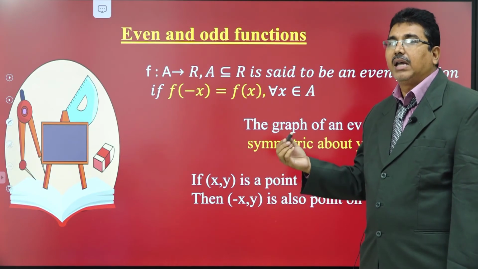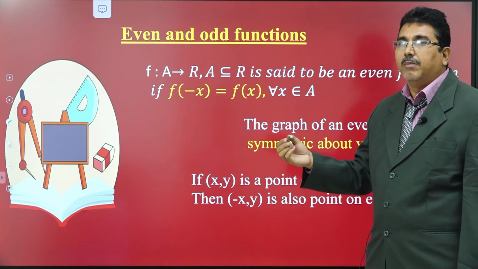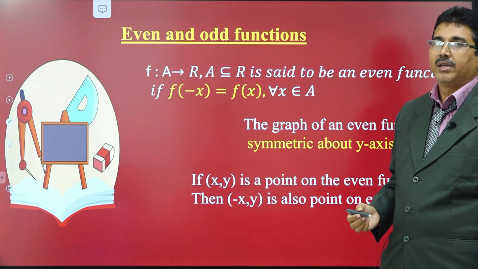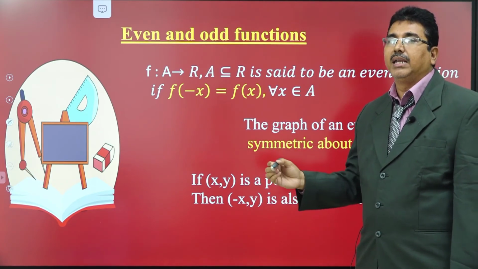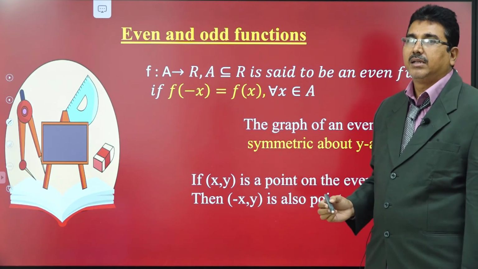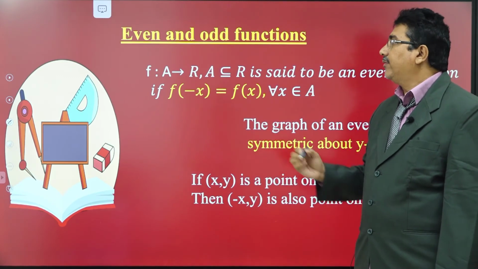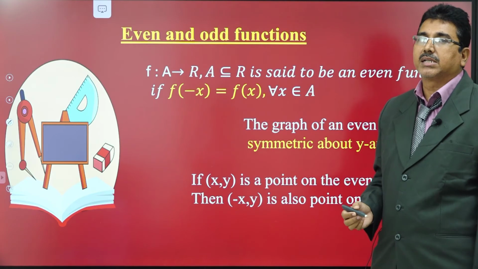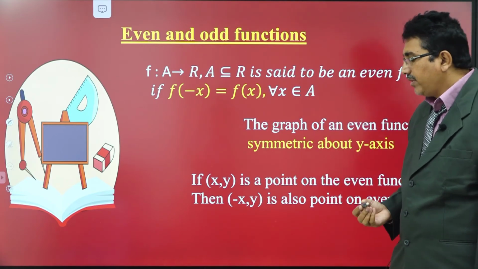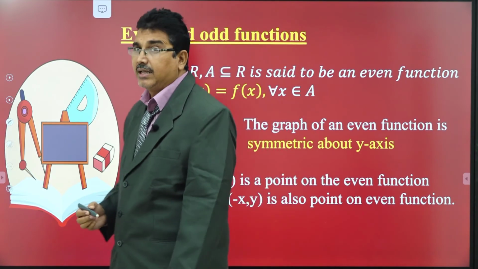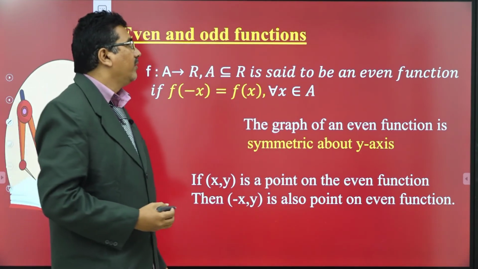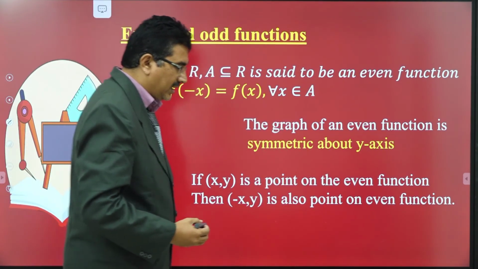From one-to-one and onto, we get a bijective function. From a bijective function we can define an inverse function and also a composite function. Now this is a very important property of a function, even and odd functions.